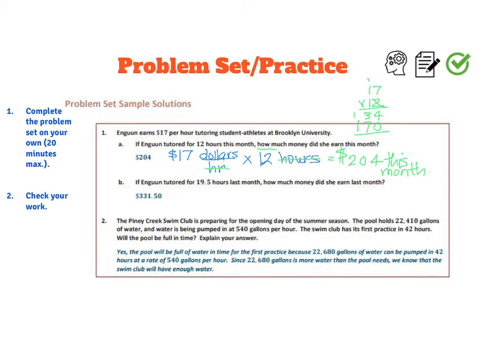Okay, 1B. It says, if Nguyen tutored for 19 and a half hours last month, how much money did she earn last month? So now I'm going to go with that 19 and a half hours. Now I'm going back and rereading it.